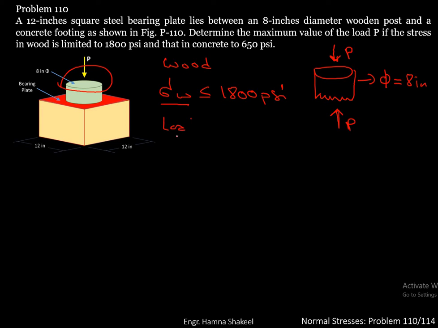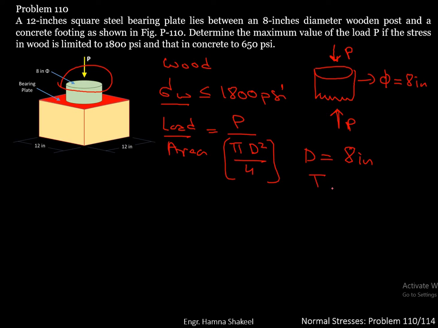Stress is load by area. Load on the wood is P and the area of the wood is pi d square by 4. So the diameter of the wooden post is 8 inches.